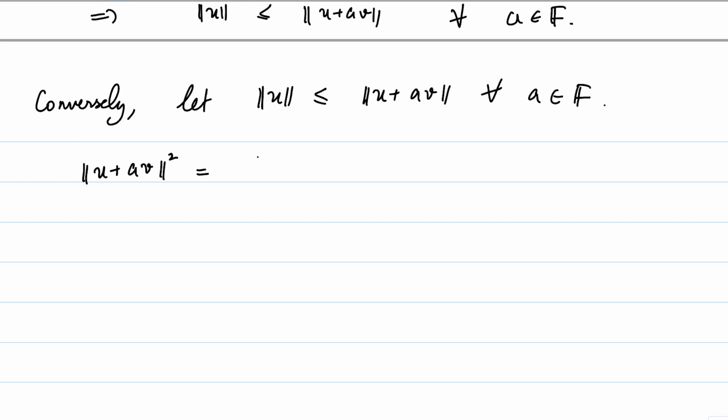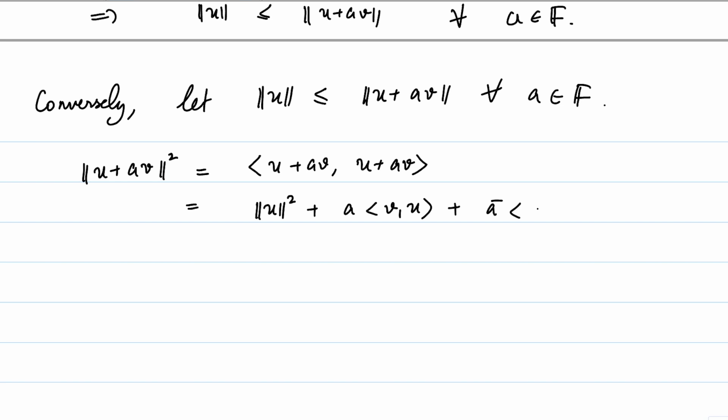This is just the inner product of u plus av with u plus av, and that is equal to the length of u squared plus a times the inner product v comma u plus a bar times the inner product u comma v plus mod a squared times the length of v squared.